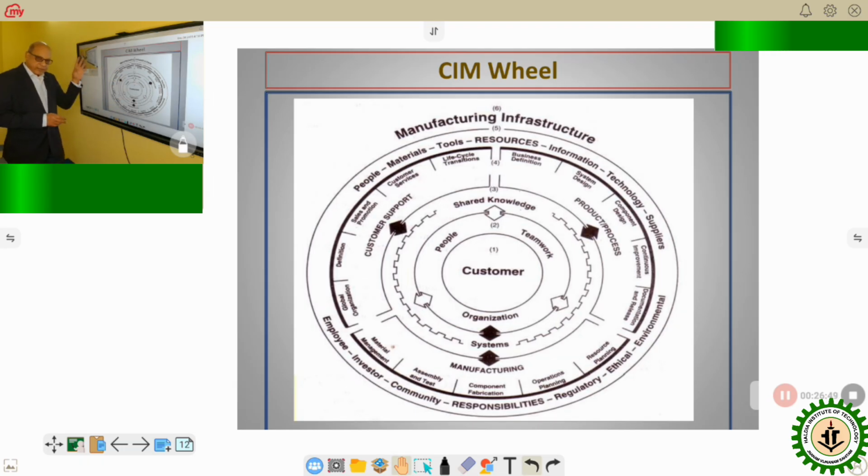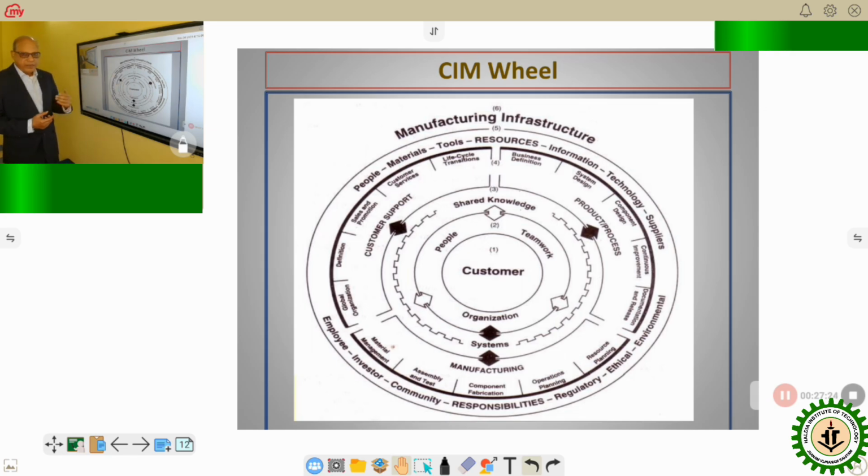In the third level, what is the objective of this common database? This central or common database has the objective of shared knowledge. What is the necessity of shared knowledge? What design people are doing, manufacturing people can also access to see how the design is being carried out: what would be the size of the component, what is the material, what are the different features, whether my workshop facilities are adequate to make those complex shapes.